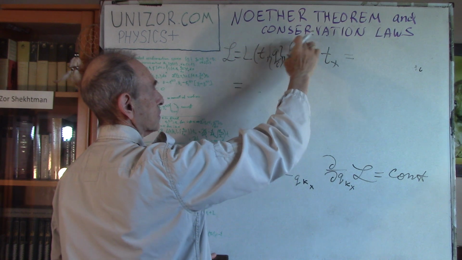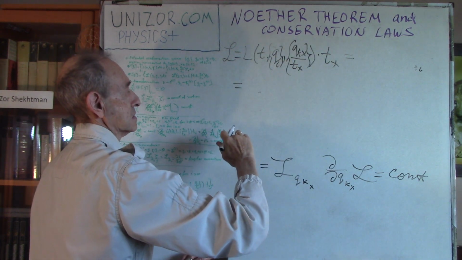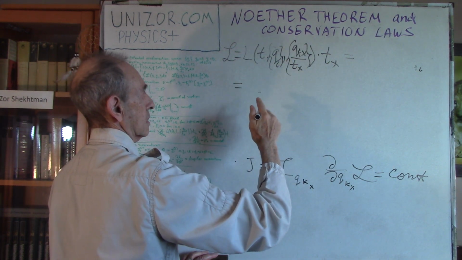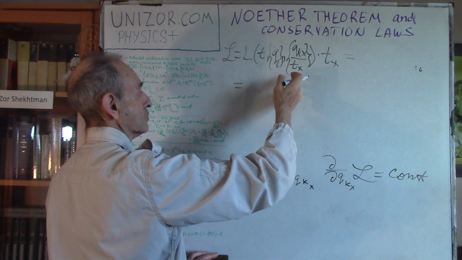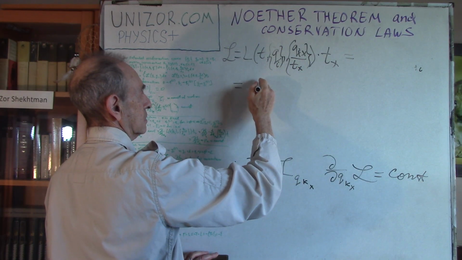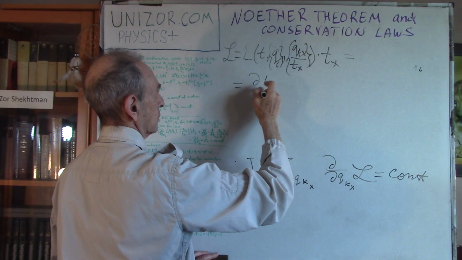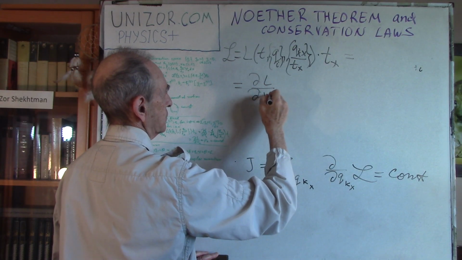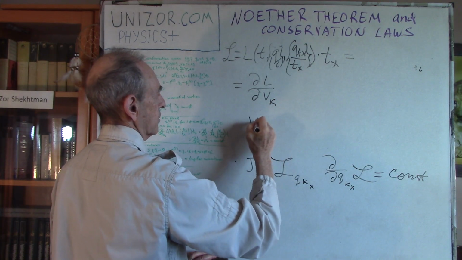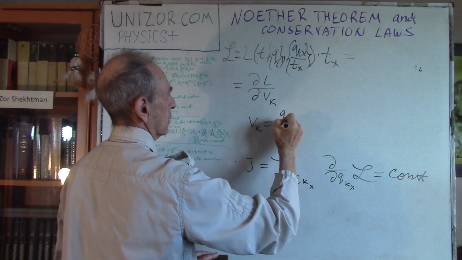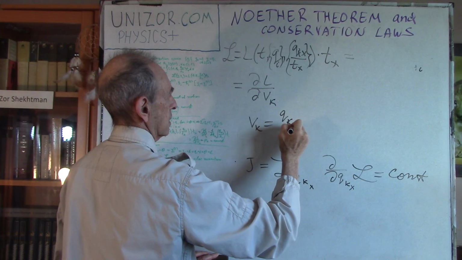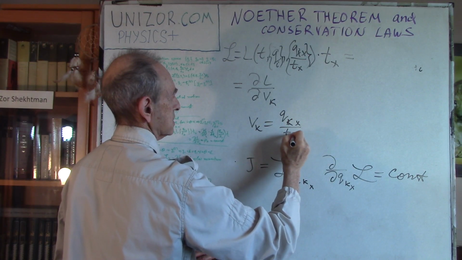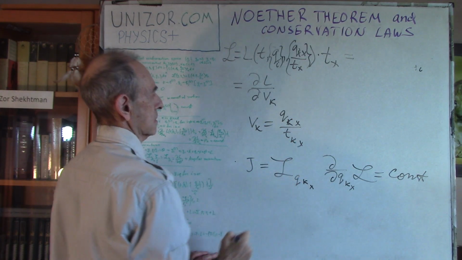There is only one particular member here. So we have the partial derivative of L by, let's call it Vk, where Vk is Qkx divided by Tx.